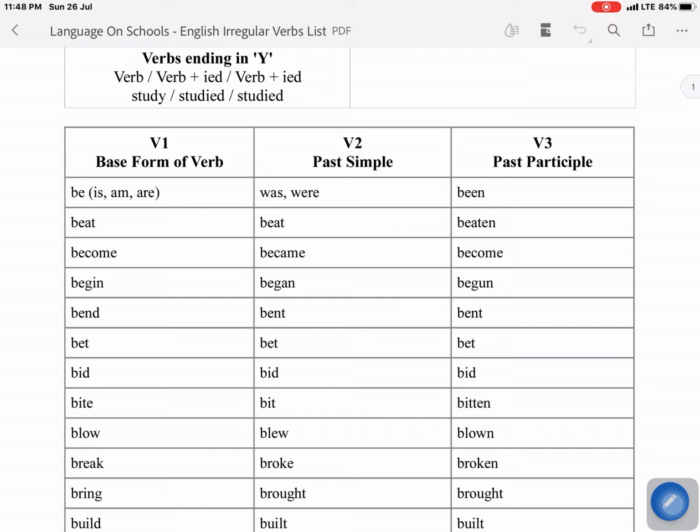Bend, the V2 form of bend is bent, V3 is bent, and V1 ing is bending. And bat, V2 is bat, V3 is again bat, and V1 ing is batting.